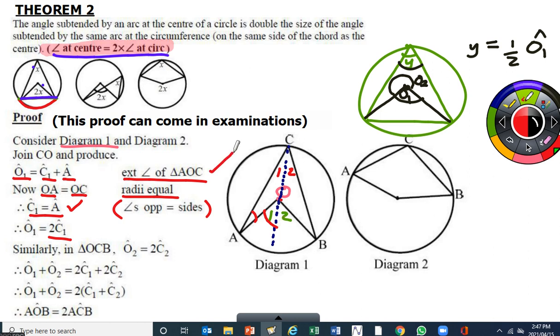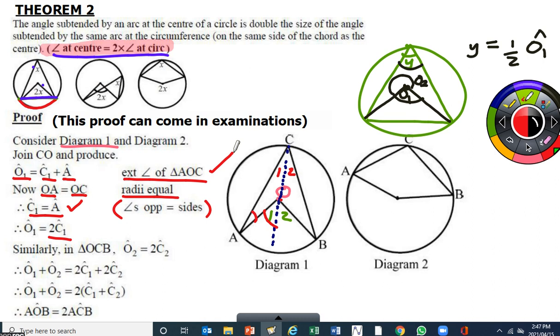You get that? Now, at the same time, because OA is a radius and OC is a radius, the lengths of OC and OA are equal. Therefore, triangle AOC is isosceles, right?